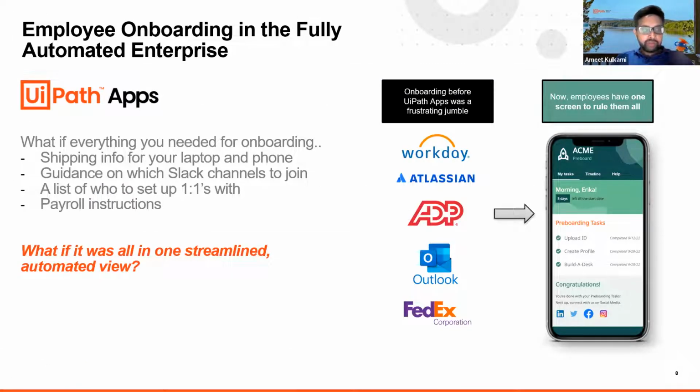Now let me go one by one through what applications you can develop, across various domains. Specifically in this example, on the left-hand side you have these different onboarding applications: Workday, Atlassian, Payroll, Outlook, all of it. And all the data is flowing individually in each of these applications.